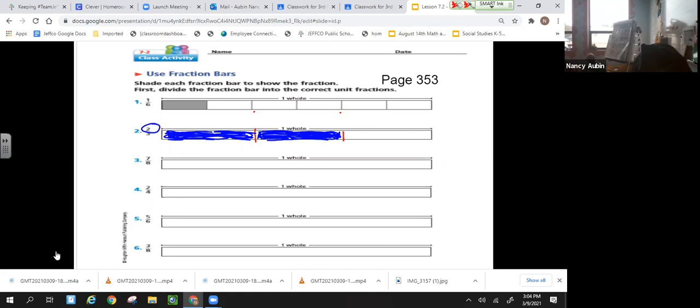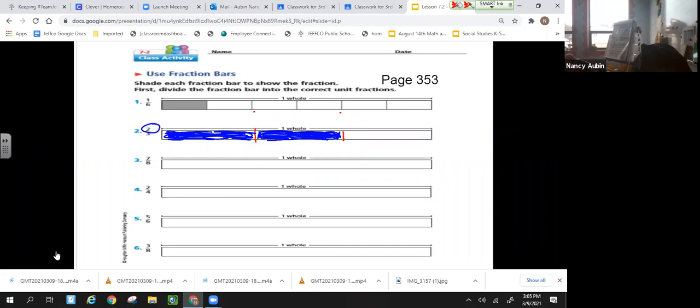What did we do with our strip? Look at your strip that we folded. What did we do to get 8ths? How did we get 8ths? Folded it how? Anybody? Haley Booker, what did we do to get 8ths? We fold it in half 3 times.